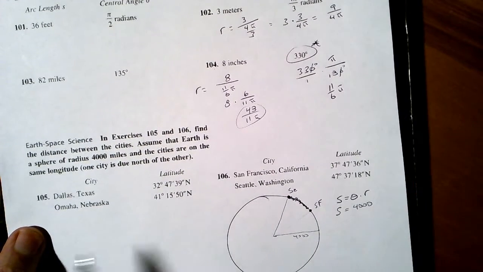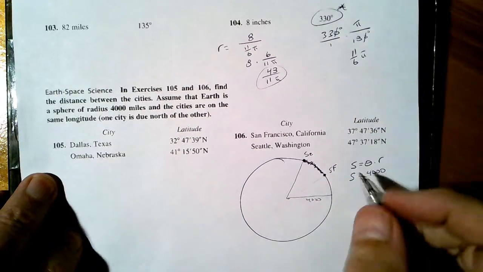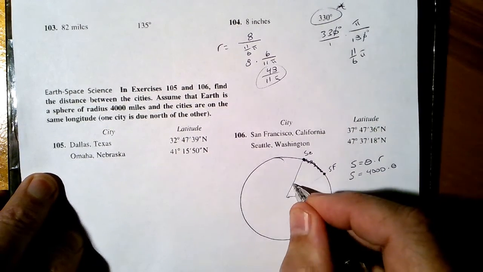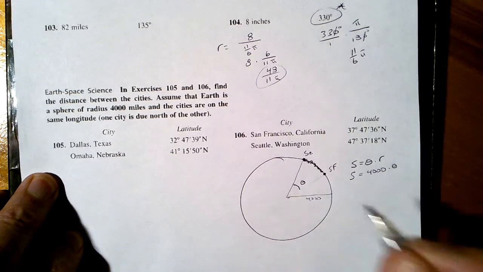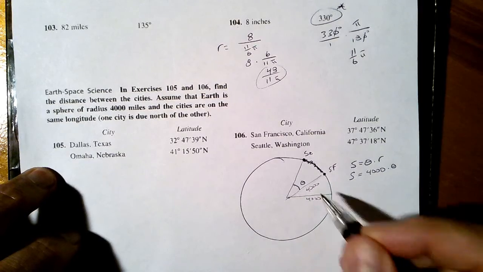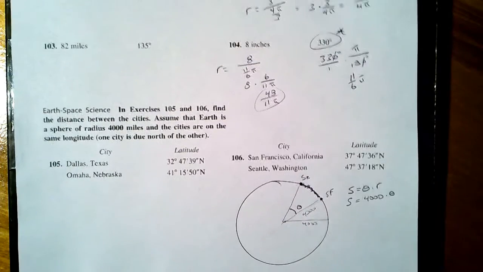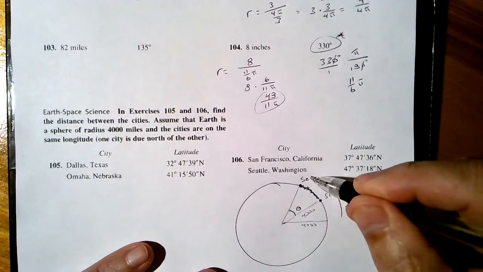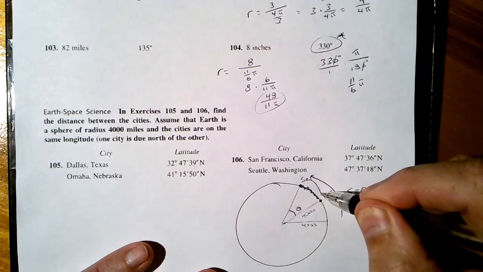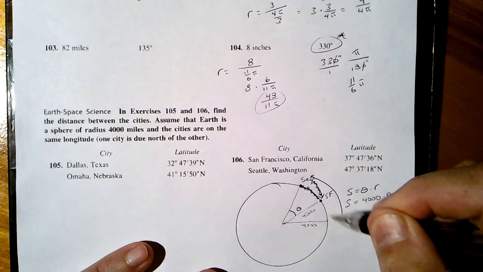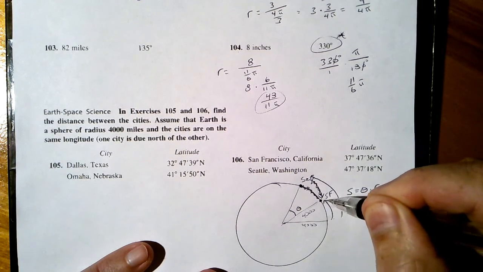Assume the Earth is a sphere, radius 4,000. Got it. Arc length is 4,000 times theta, and the theta we're looking for is right here. We need that angle measure right here. This is still 4,000. How am I going to find that angle measure? Well, that angle measure would be this angle measure minus that angle measure.